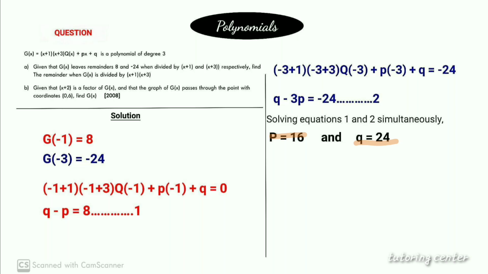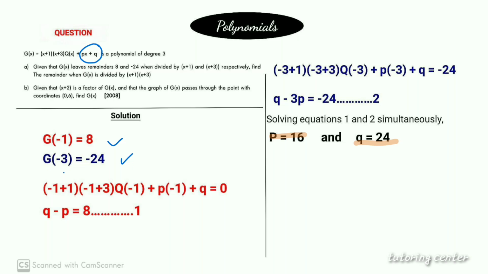Okay, so we proceed. Now what we said was, when we divide a polynomial, we simply substitute a certain number and equate the polynomial to its remainder when it is divided by that number. We have done that for g of negative 1, and we have done that for g of negative 3. When we did that for g of negative 1, what remained was px + q.